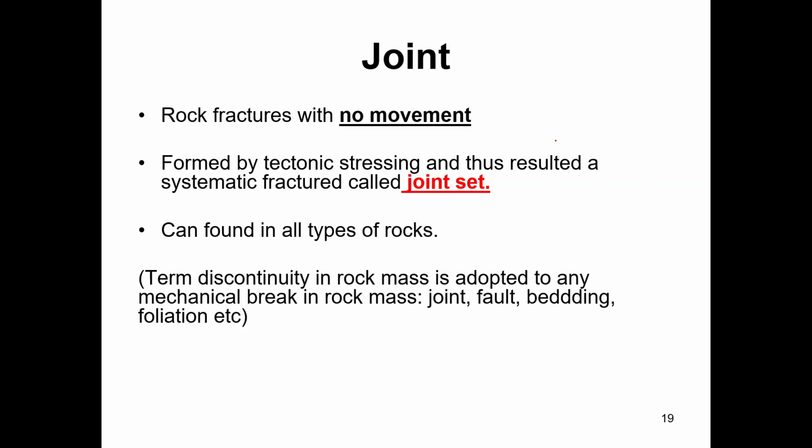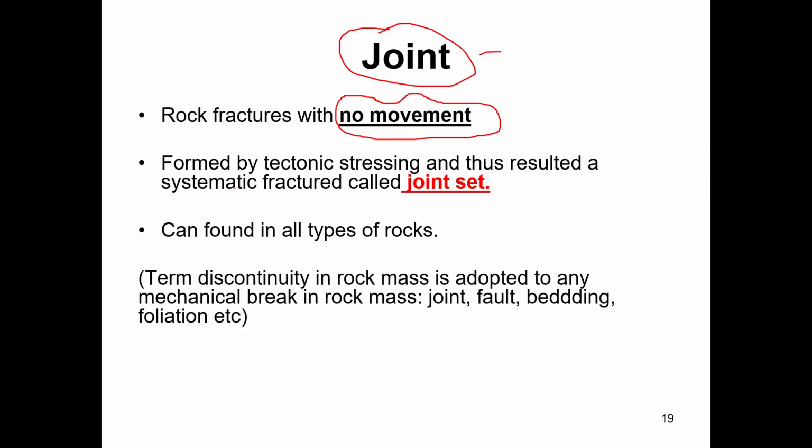Okay, we have discussed fault. Now we are discussing rock structure, geological structure, on joint. Sometimes I call it rock structure. If we have a fracture on rock, but we cannot observe any sign of movement, similar to a fault, then this is called a joint.